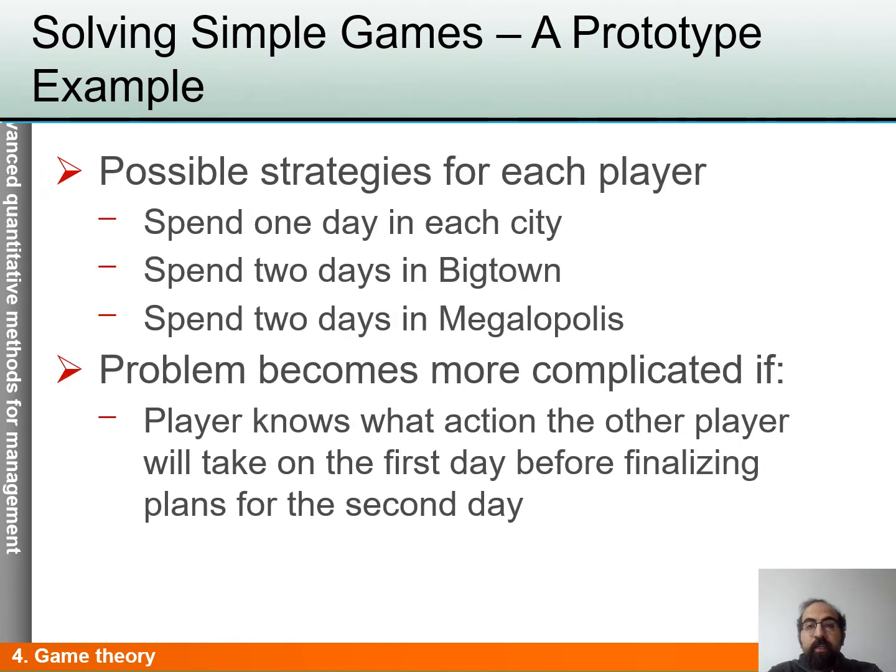In this slide, we try to review the different possible strategies for each of these two players, these two politicians. As you see, guys, there are 3 different strategies for each of these politicians. So the size of the game is 3 by 3. 3 strategies for player 1 and 3 strategies for player 2. What are these strategies?